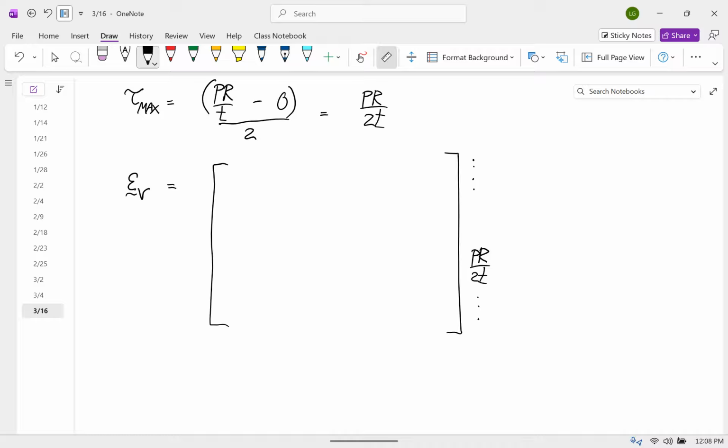Okay. And the key thing is that this represents the Voigt stress.